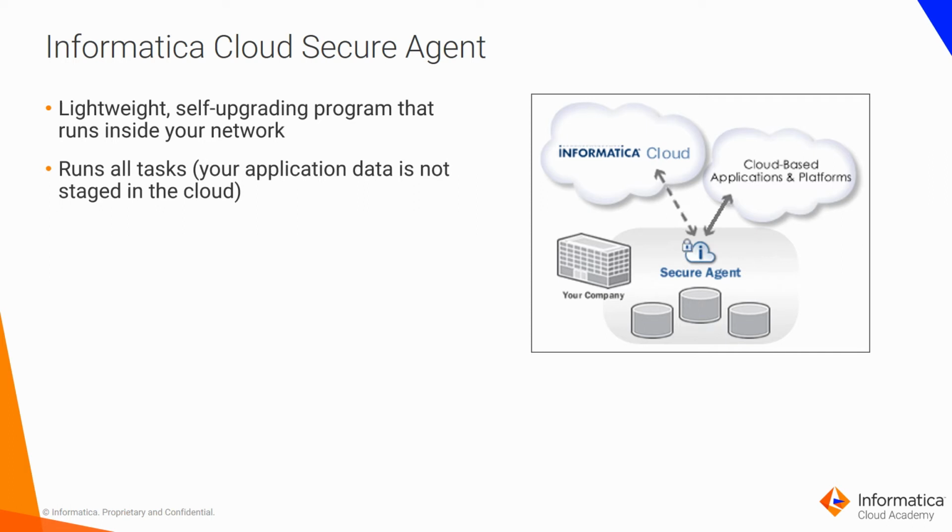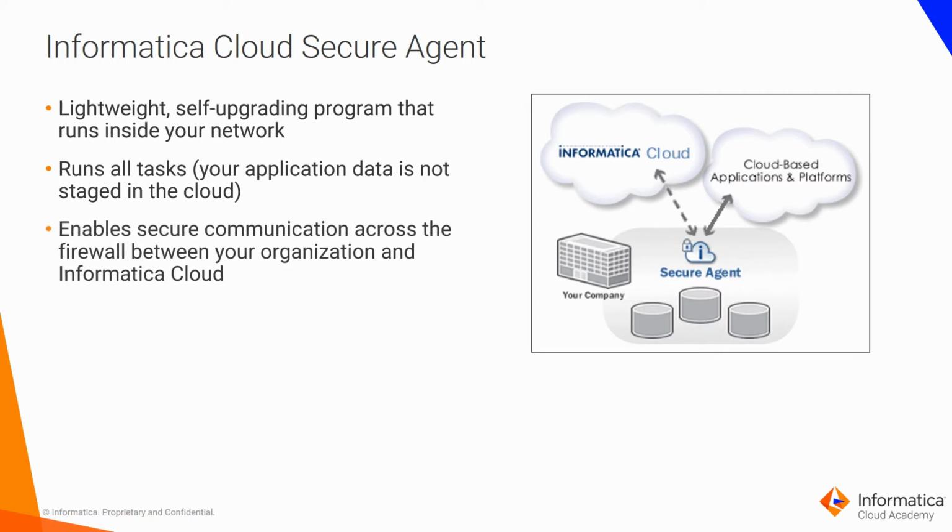And what is really important about this is that it enables you to access all your local resources, things like databases or applications that reside behind your firewall. Your application data never gets staged or run through Informatica Cloud servers because it is the local agent that is actually running the tasks. So your data remains completely secure and stays behind your firewall.